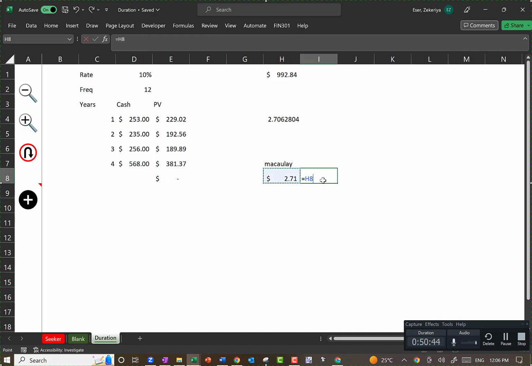Let's just calculate the difference between the two. It's precisely 0. So we have done the right thing.